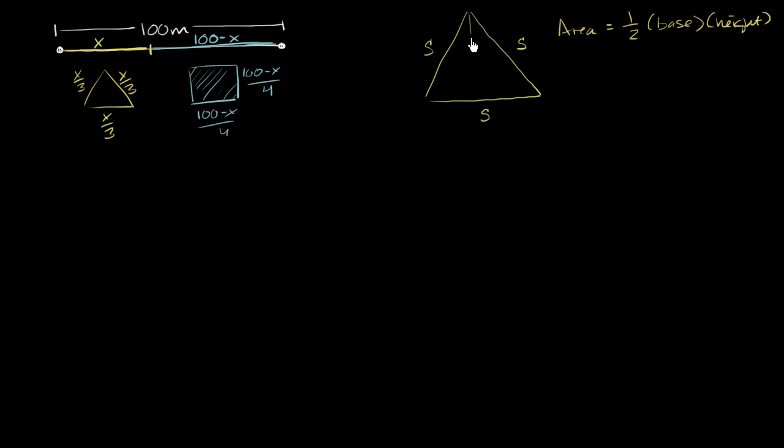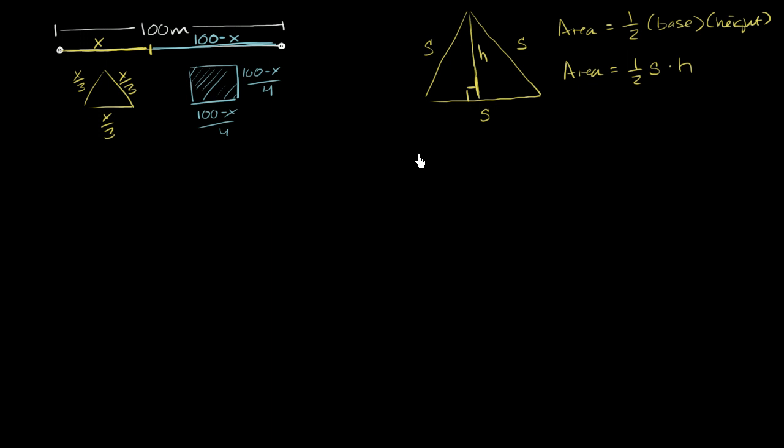If we were to drop an altitude just like this, this length right over here is the height, and this would be perpendicular. So our area is going to be equal to 1/2 times our base, which is s, times our height. Now, how can we express h as a function of s?